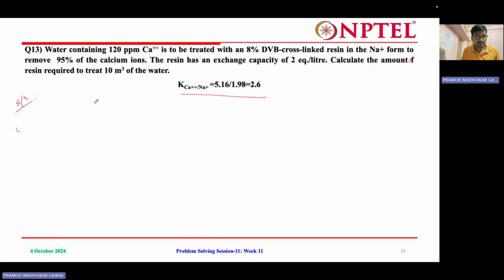So for the resin phase, the total concentration of X inside, CE, is 2 equivalents per liter, right?